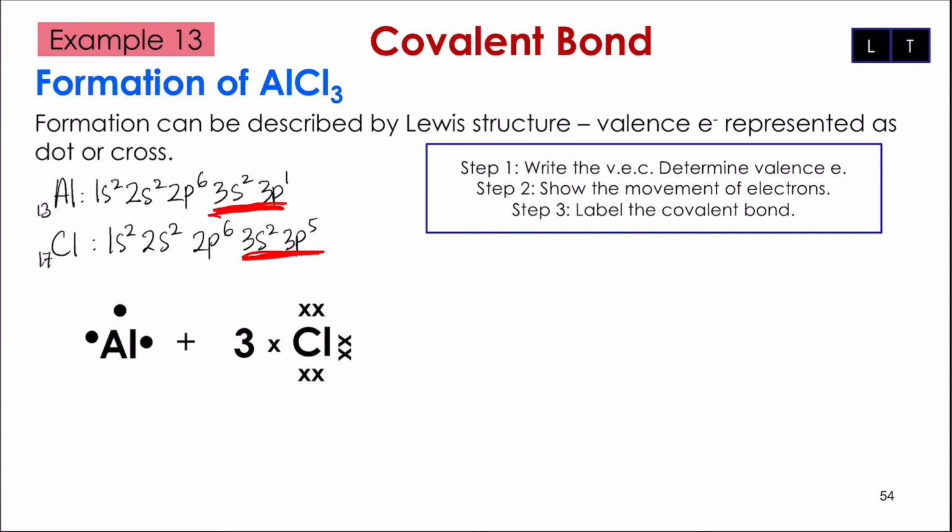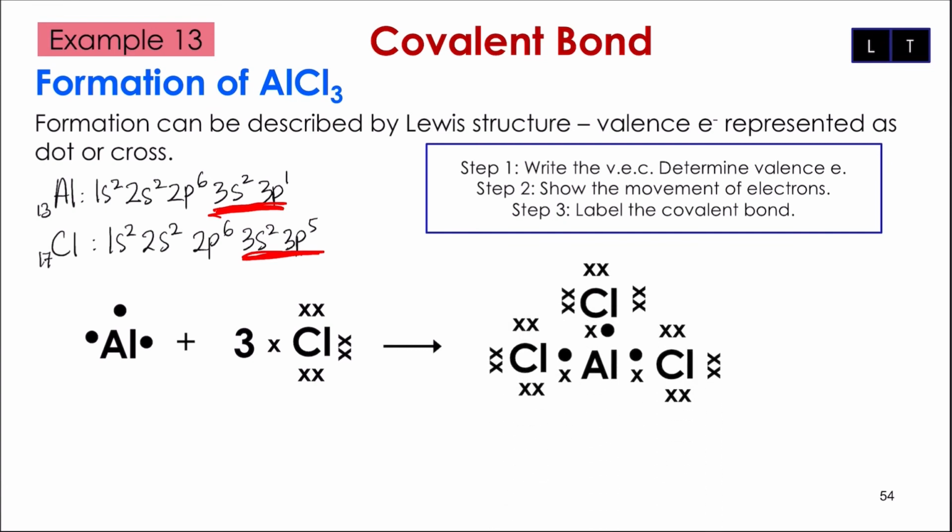So how I want to share the formation of covalent bond between aluminium and chlorine? Saya faham aluminium akan share with 3 chlorine atoms between themselves. So saya akan show the formation of aluminium with 3 chlorine atoms around it.